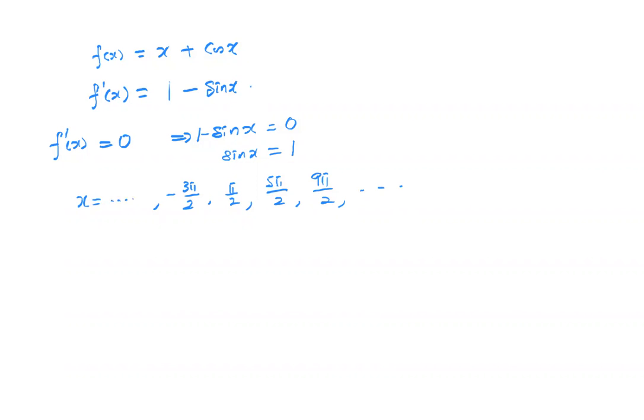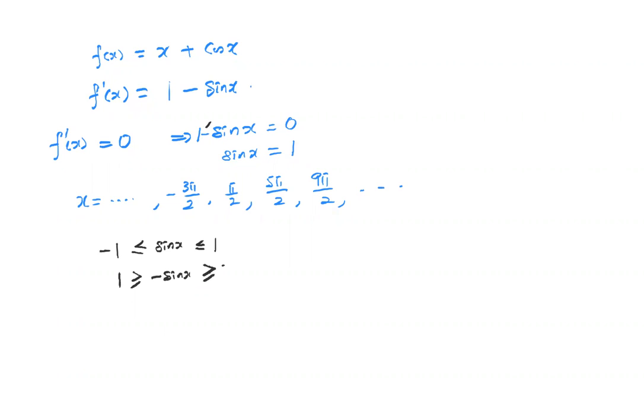After that, I can analyze my value of f prime x by using this. Sin x, highest is 1, lowest is negative 1. But here there is a negative, so negative sin x, I put the sign the other way around because I multiply with negative 1.